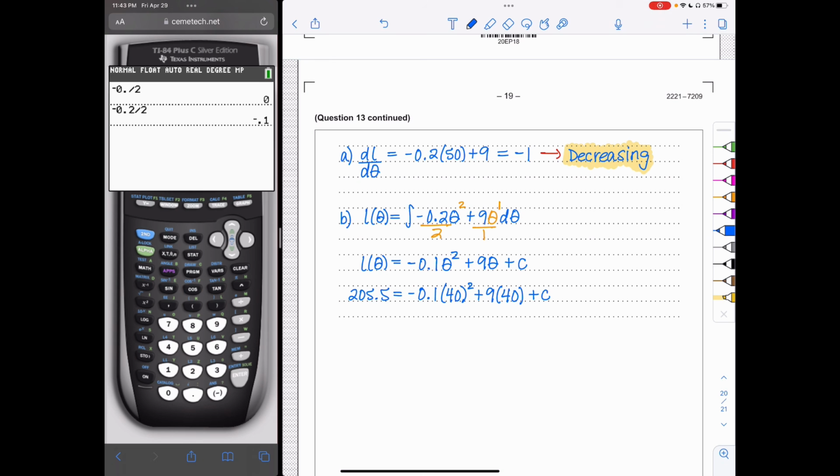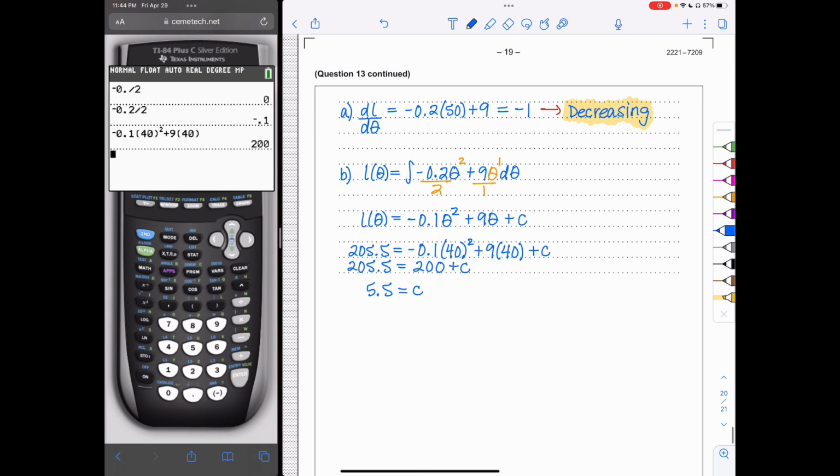If I type this in, negative 0.1 times 40 squared plus 9 times 40 gives me 200. So I end up having 205.5 is equal to 200 plus c. When I subtract 200 from both sides, I get 5.5 is equal to c.